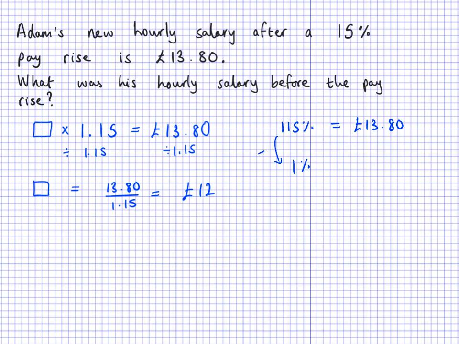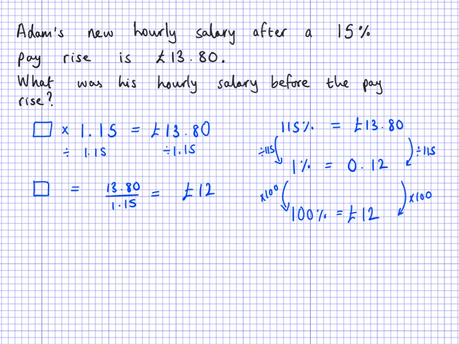So divide by 115, and divide this side by 115. So 1% would be 0.12. And now to get to 100%, which will mean his original salary, times 100, and then times 100 on this side as well, I will get £12.